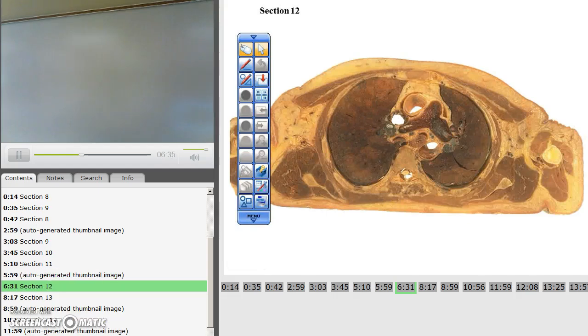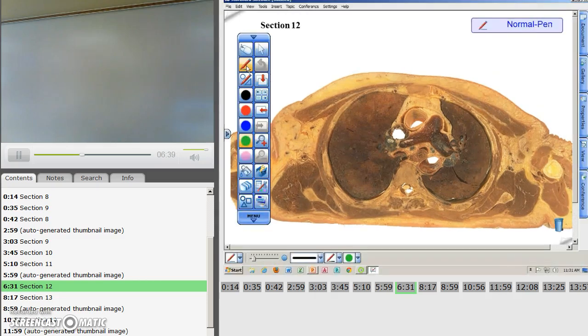Section 12. Look at that, you can see one big, thick vessel. Jumps right out at you. Right here, it's got thick walls. That's the ascending aorta. Over here, thick walled vessel again, same diameter.